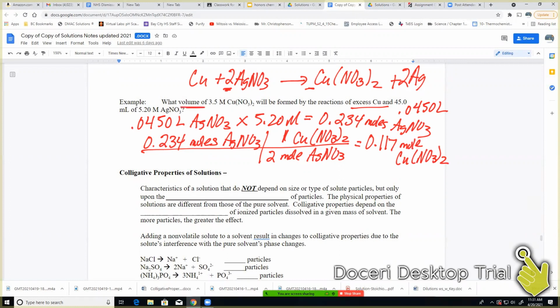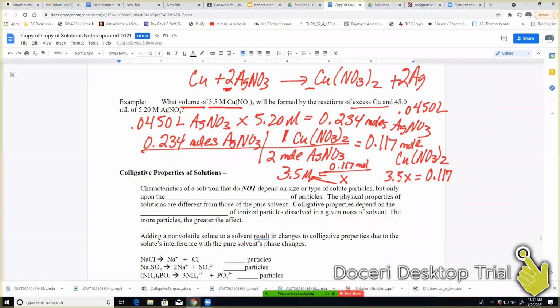But I want what volume I have, and I know the strength of that. So I'm going to say 3.5 molar is equal to, in this case, now I know the numerator, 0.117 moles, and X is on the bottom. So I multiply that, I get 3.5X, because my X came up, is equal to 0.117.